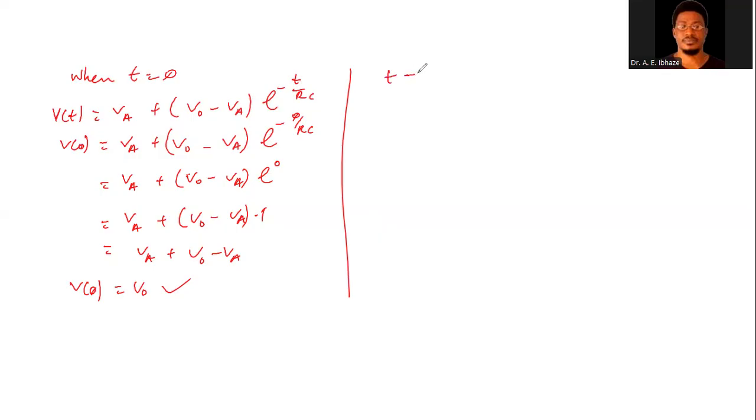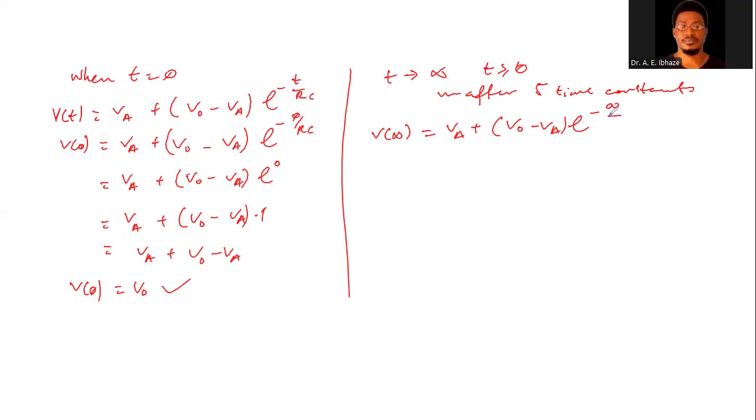What if t tends to infinity? That is at t greater or equal to 0, so this will be after 5 time constants. Okay, so it means we have V infinity, which is equal to VA plus V naught minus VA exponential minus infinity over RC, right?